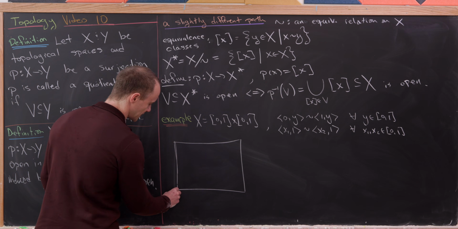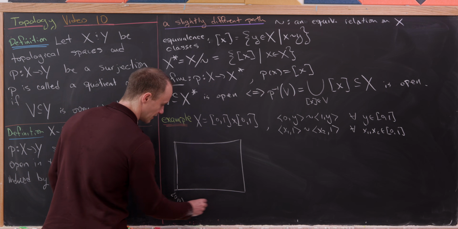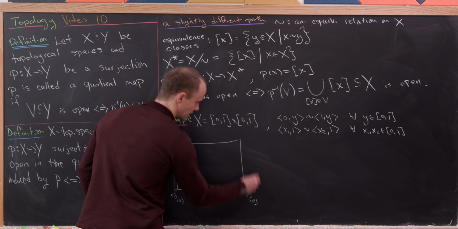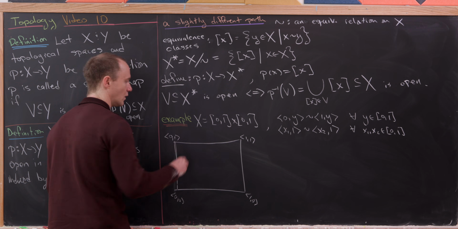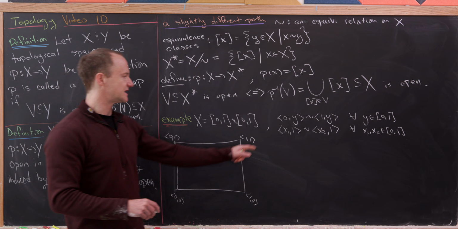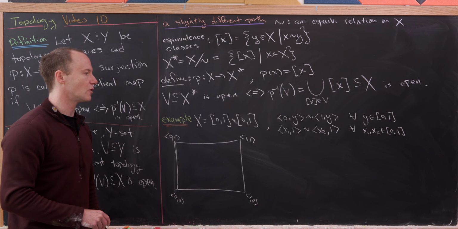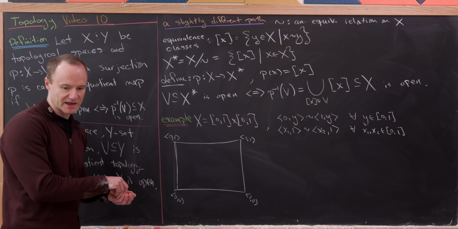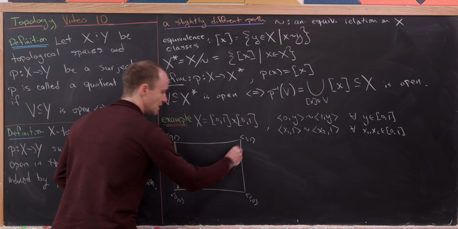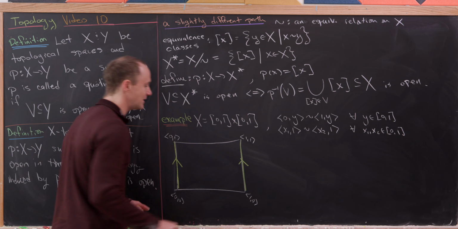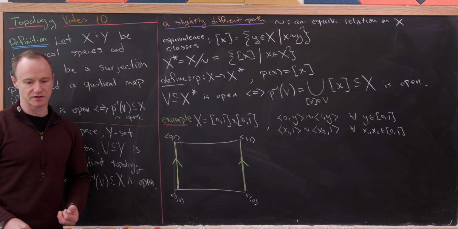Okay, so let's say that's our square. Let's say that this is (0, 0). This is (1, 0). This is the point (1, 1). And over here is the point (0, 1). So let's see. We need to identify all (0, y) with all (1, y). So that's like identifying this edge right here with this edge right here, keeping the same orientation.